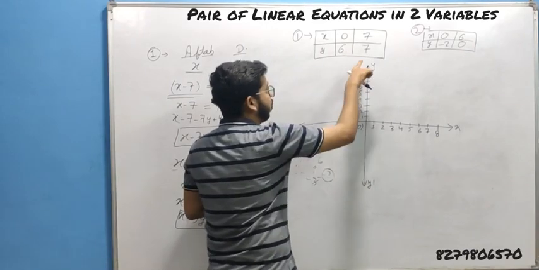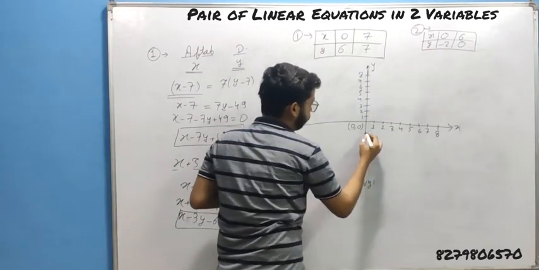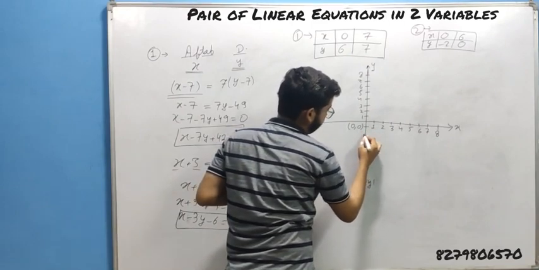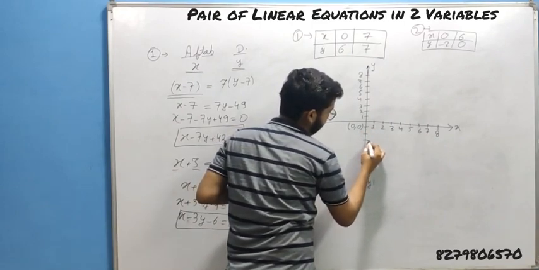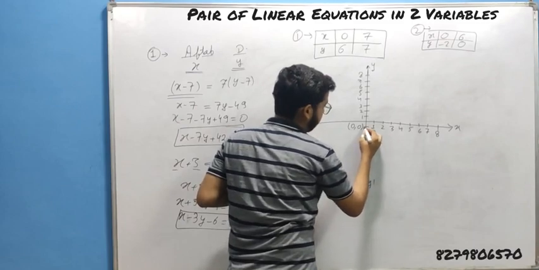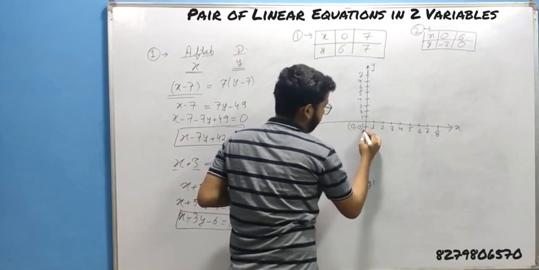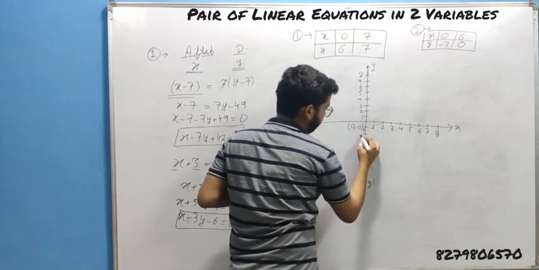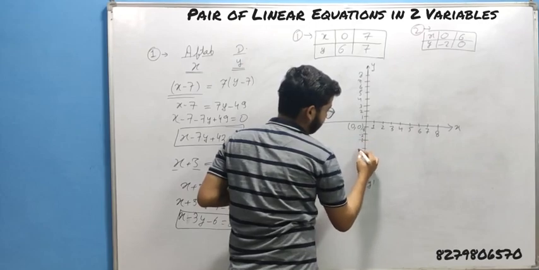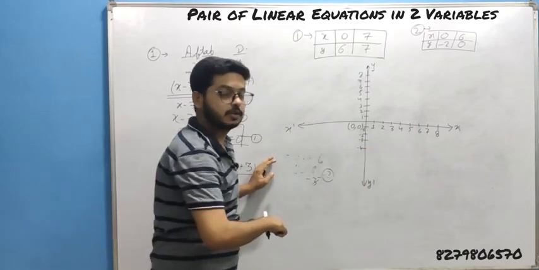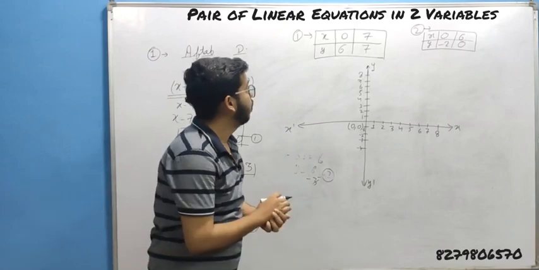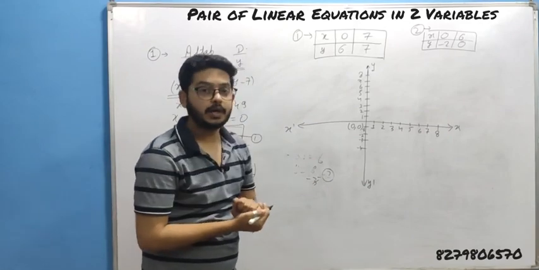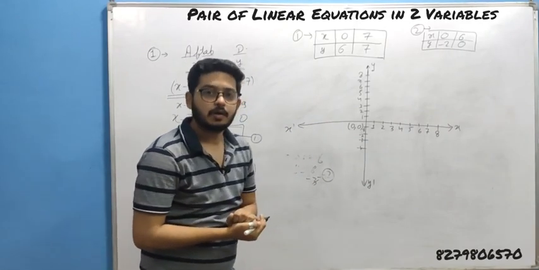Y also has a value of minus 2, so you also have to mark points on the negative side. This point will be minus 1, this point minus 2, this is minus 3 and this is minus 4. So now we will put our points into the graph.